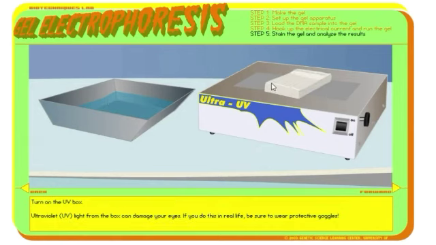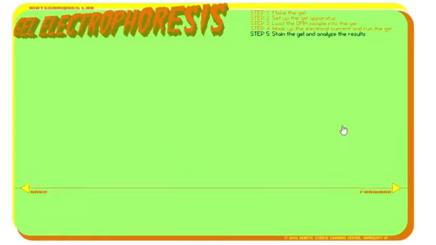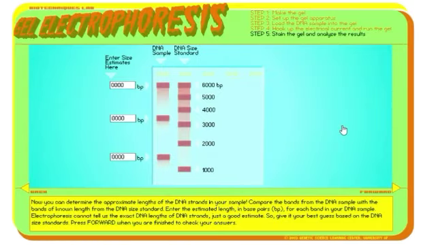So we have to remove the gel, then we have to turn on the UV box, and so this is it. Now we can determine the approximate length of the DNA strands in our sample. So we have to compare the DNA sample with the DNA size standard with the base pairs.